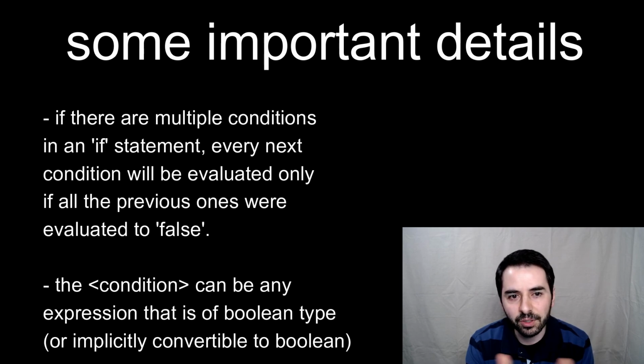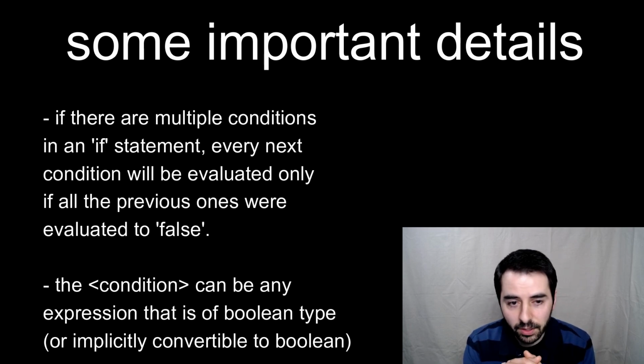For instance, you can say if a is less than 5 or if a equals 6, but we'll get to more conditions. Basically any expression that evaluates to a Boolean type can be used as a condition.